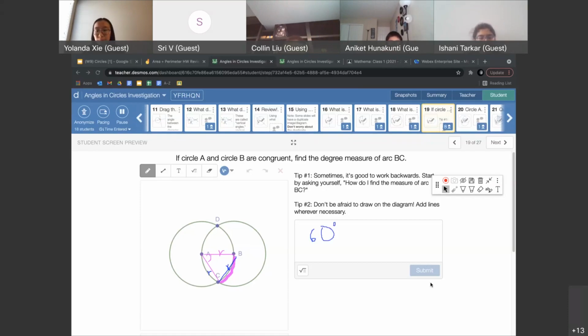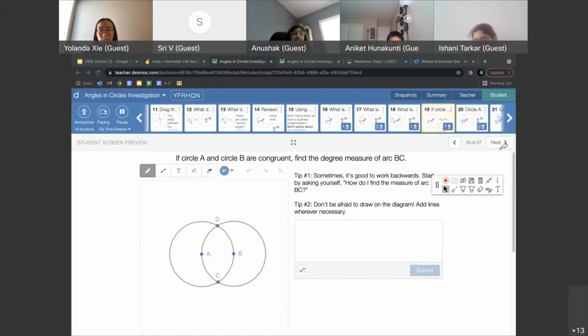Yay, I finally got something right today. Good job. I changed mine to 60 after I did another verify. Okay, so if anybody has any questions, feel free to ask. I really just got 60 because I thought my triangle looked like an equilateral triangle, and I'm like, 60.